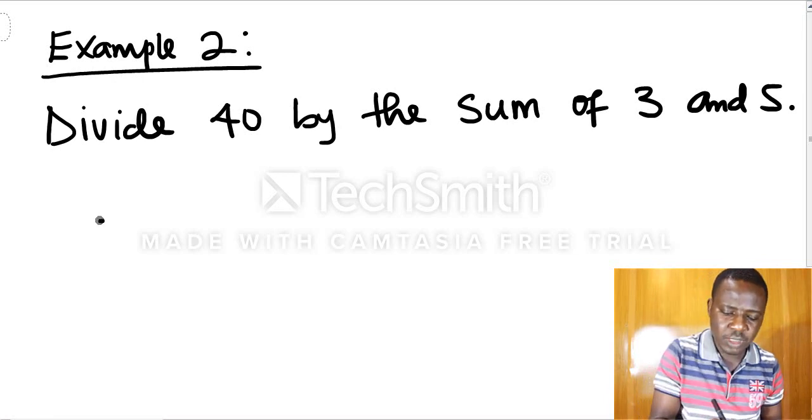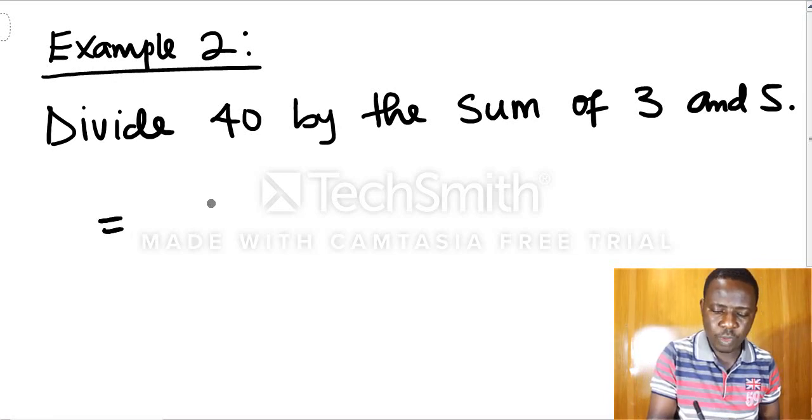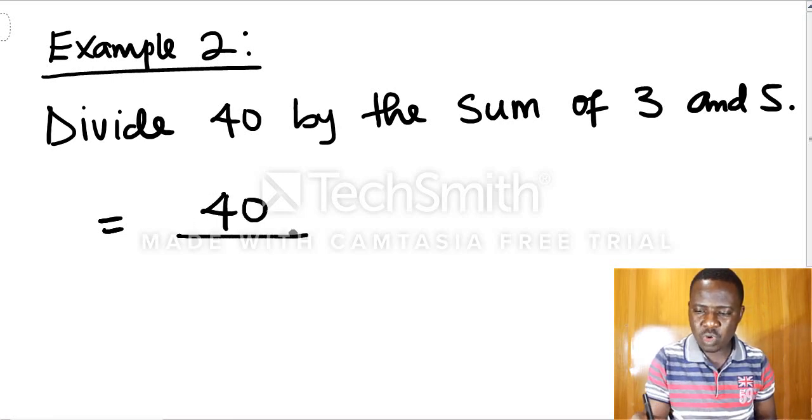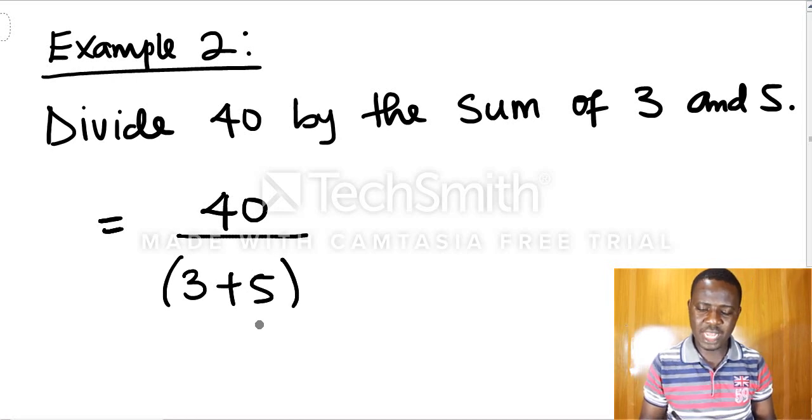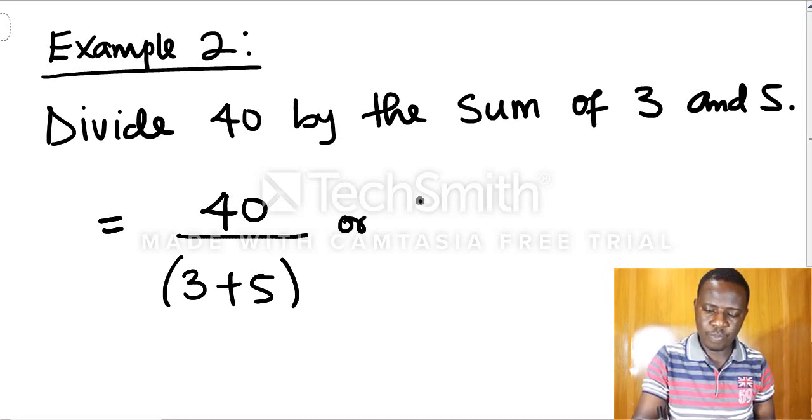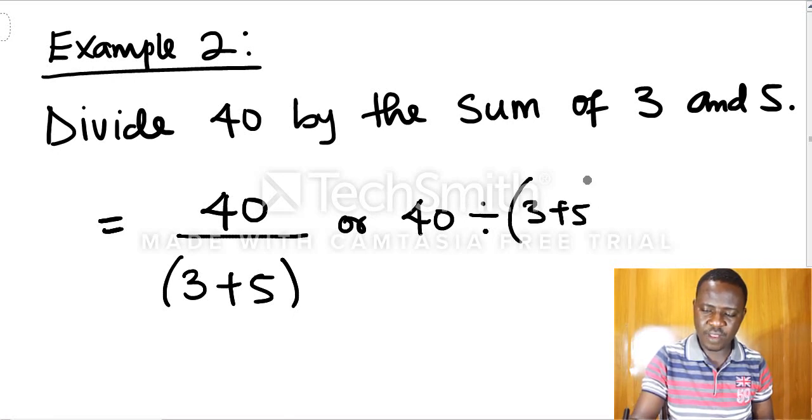Example 2 says divide 40 by the sum of 3 and 5. That is equal to 40 divided by the sum of 3 and 5, that is the sum of 3 plus 5. So you can either express it this way, or 40 divided by bracket 3 plus 5.